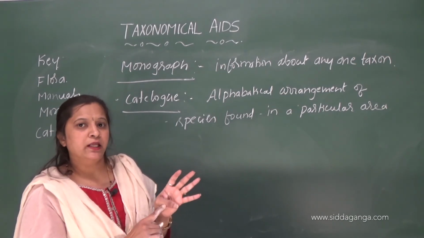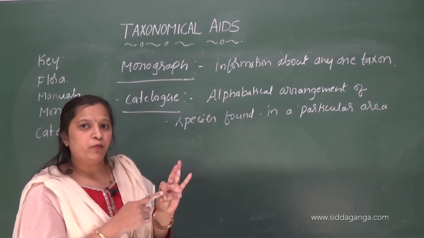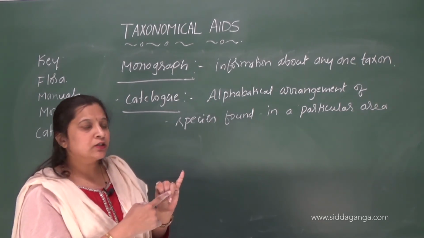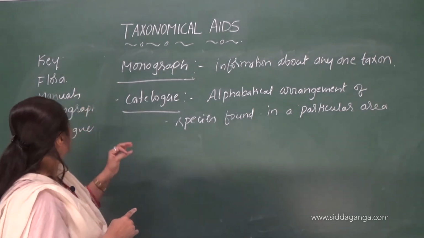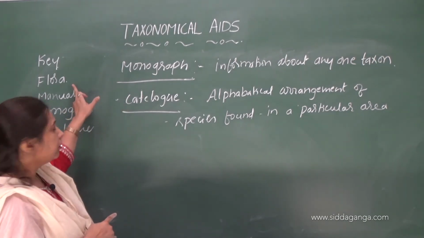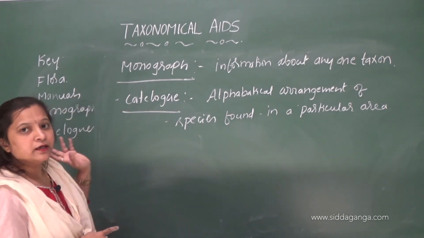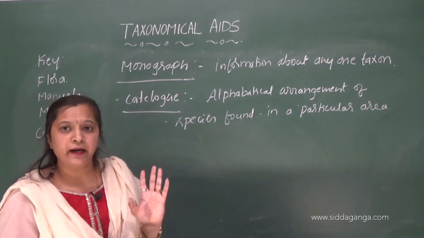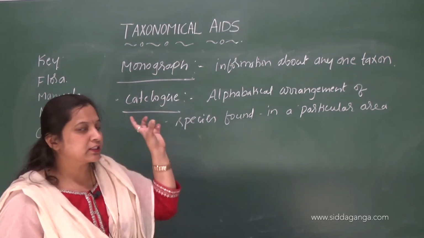So the very first is the herbarium, then botanical gardens, museums, then zoological parks, and other taxonomical aids include keys, flora, manuals, monographs and catalog. Have you understood all these taxonomical aids? Okay. So what are taxonomical aids?